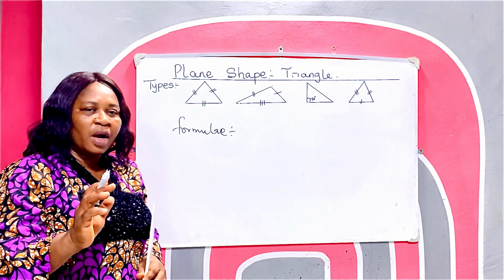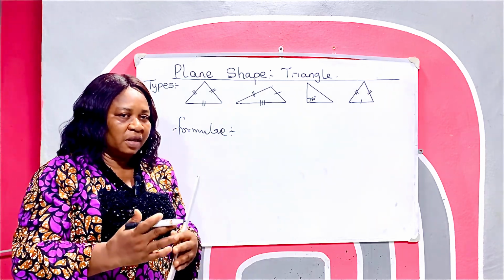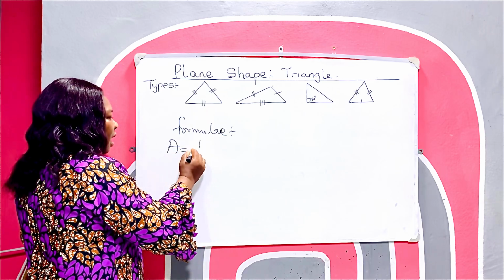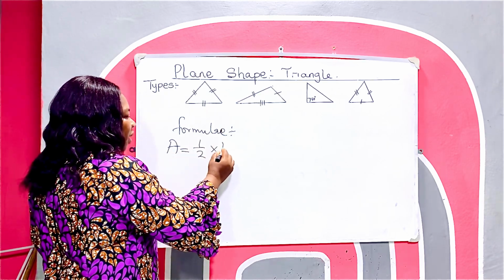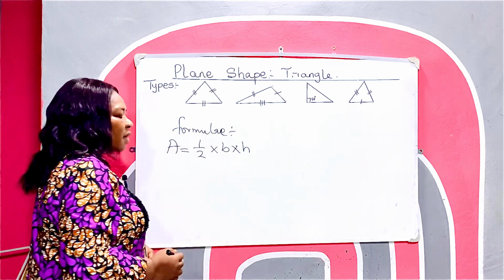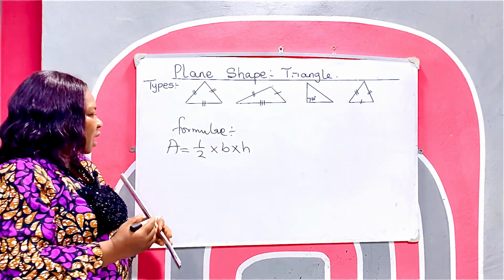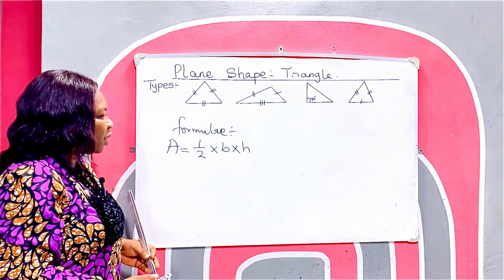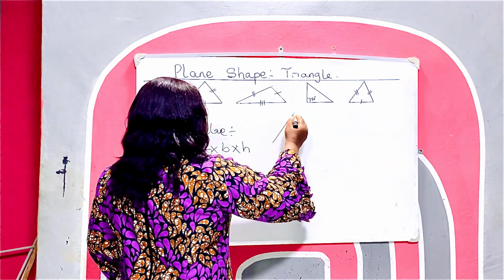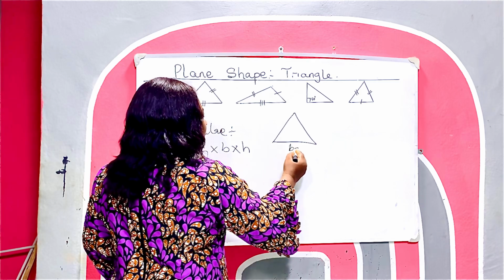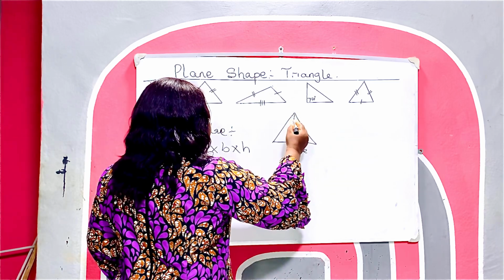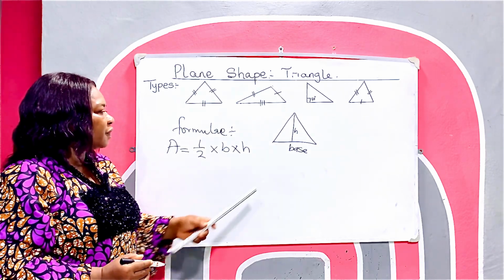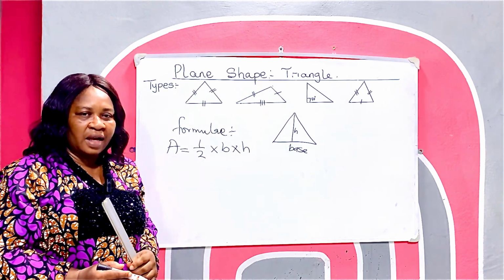From that of area, you are going to derive the rest. Area is half times base times height. In a triangle, this is the base, and this is the height.